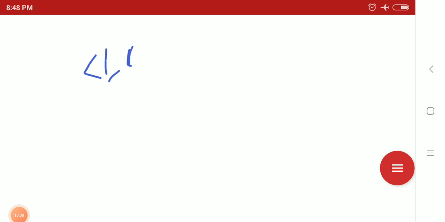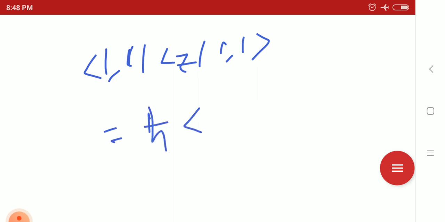So whenever we write 1 1 LZ 1 1, LZ will act on 1 1, so it will produce 1 h-cut. So 1 h-cut means h-cut times 1 1 with 1 1. It will produce h-cut.